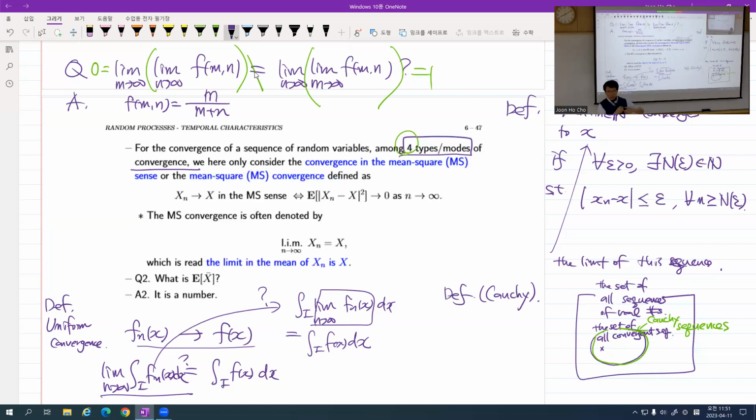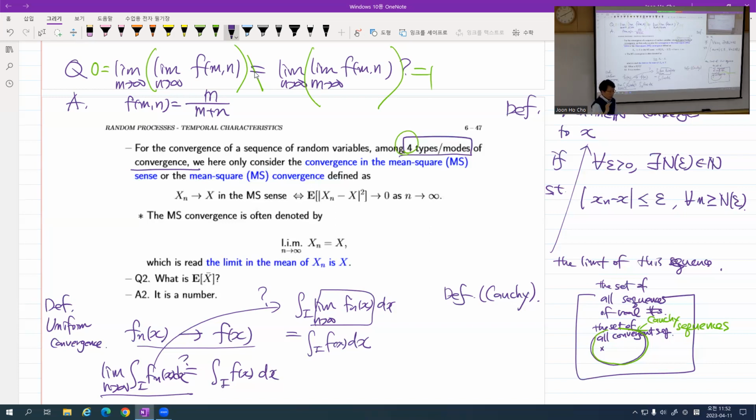However, the set of uniformly convergent sequences of functions is very small. Of course, it's very strong and they have very good properties, but the set is very small. So it's not used to define convergence, because in some other applications this very restrictive definition of convergence of a sequence of functions is not necessary.